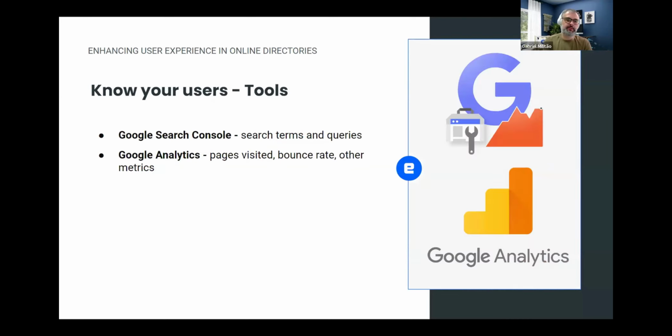And how do you get to know these two audiences? Well, one way to understand your users better is by using tools like the Google Search Console and the Google Analytics. The Google Search Console helps you analyze search terms and queries that users are using on Google to find you.